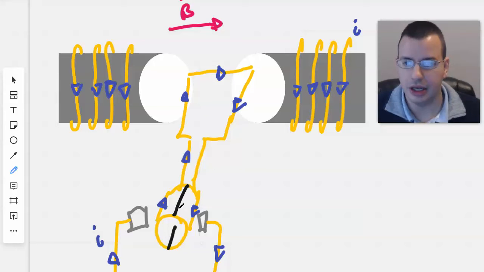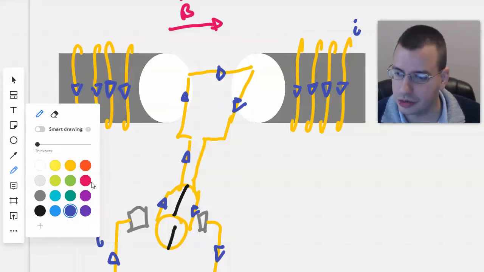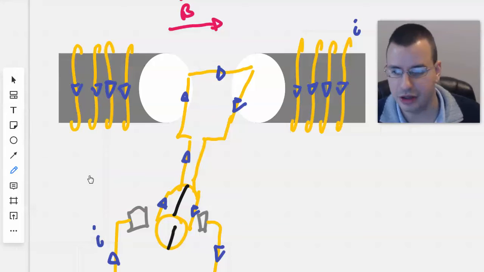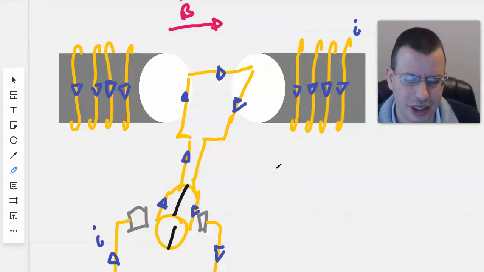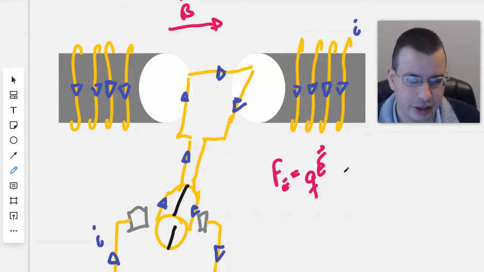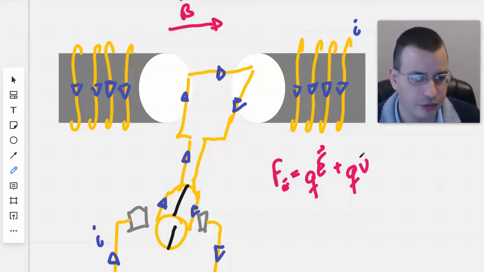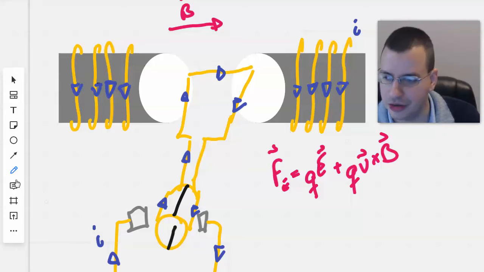Now let's look at how this current that's in this loop interacts with the magnetic field. To do this, we use the same equation we've used for everything. I think it's Coulomb's law and Lenz's law. Force electric equals QE plus QV cross B. We're going to assume that there's no electric field, which is mostly true.